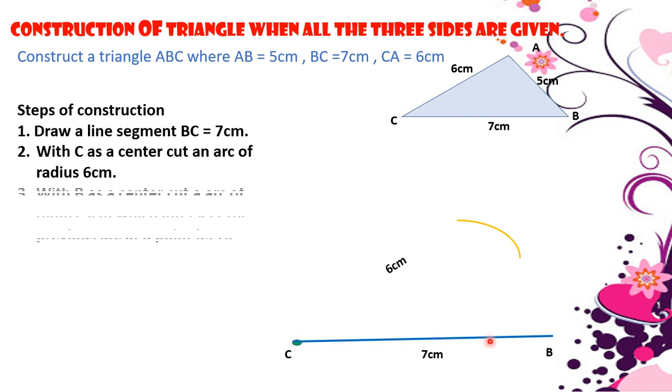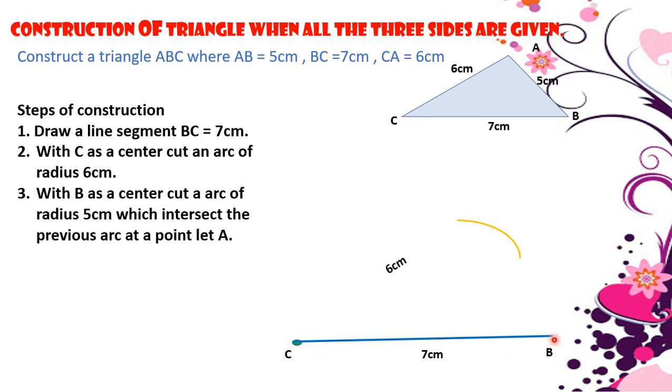Similarly, with B as the center, open the compass for 5 cm radius, place the pointer at point B, and cut an arc of 5 cm. The two arcs of 6 cm and 5 cm intersect each other at a point.